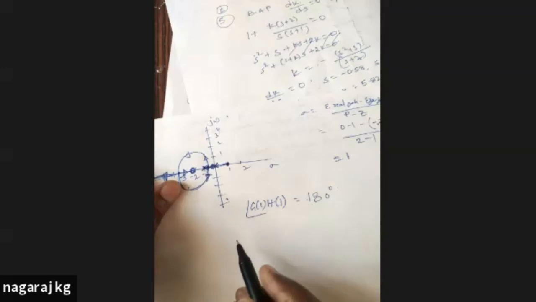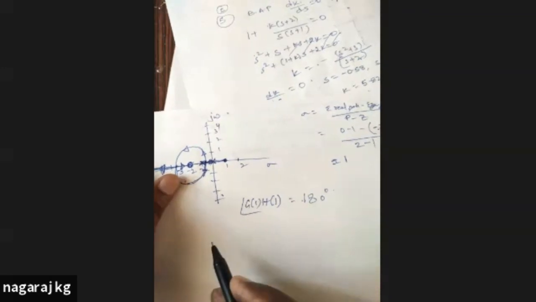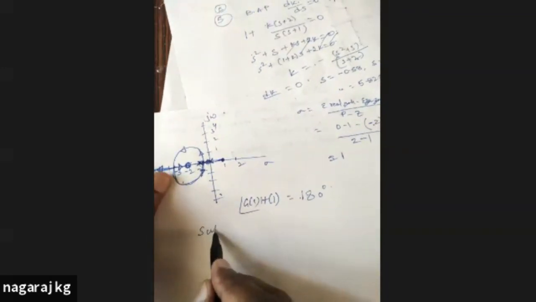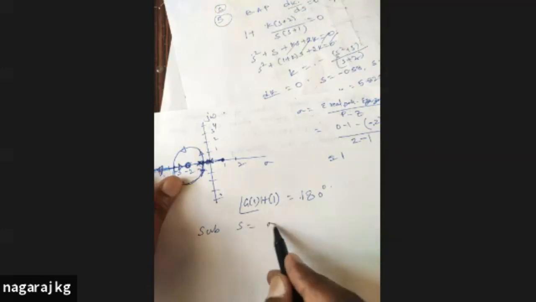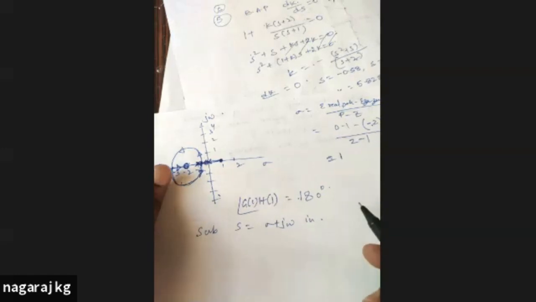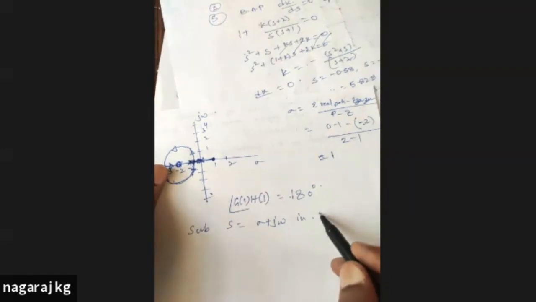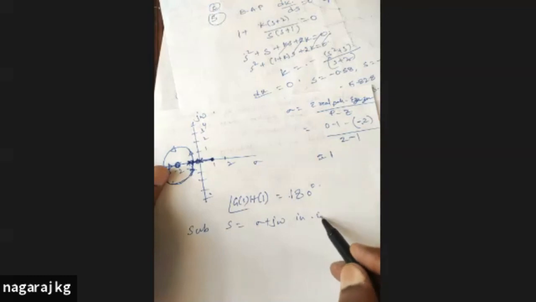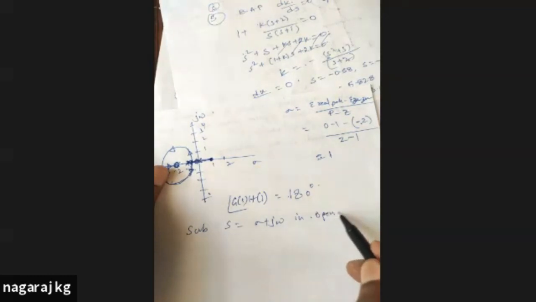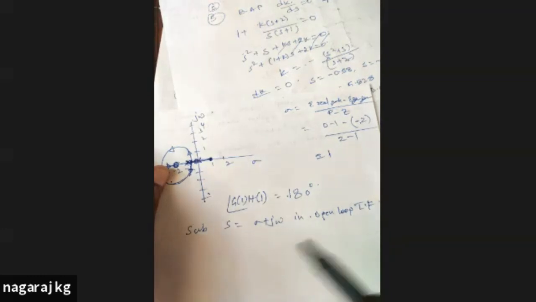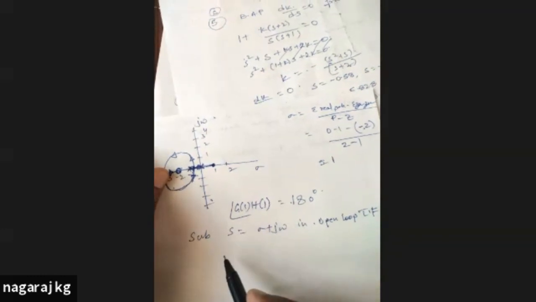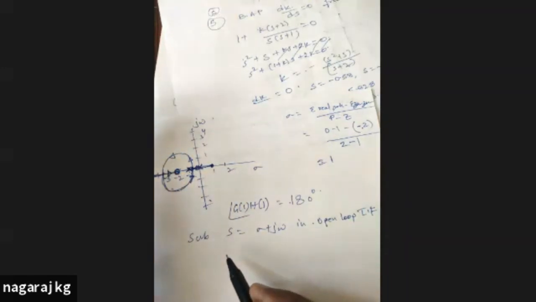Now, in order to proceed with this, you have to substitute s is equal to sigma plus j omega in the open loop transfer function. Open loop transfer function means we have the G(s) and H(s) equation, right? In that, you can neglect K because we only need the angles.